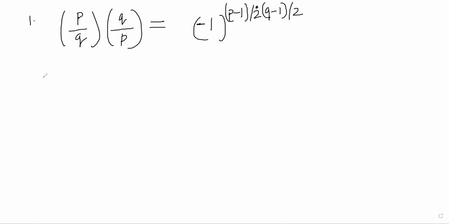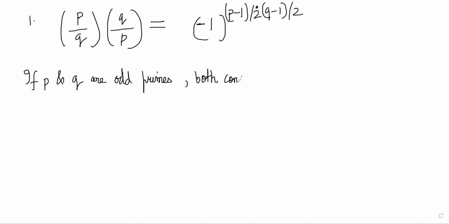This is the original law, and now we rephrase it like this. If P and Q are odd primes, both congruent to 3 mod 4, right?